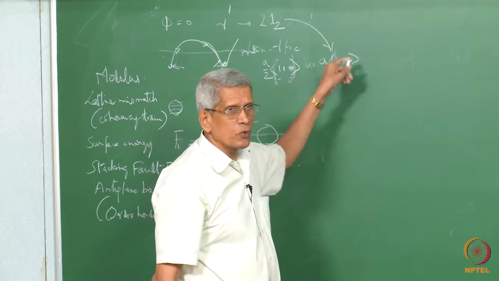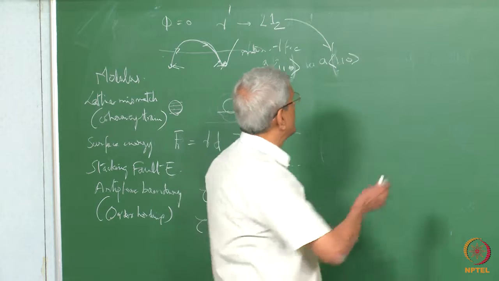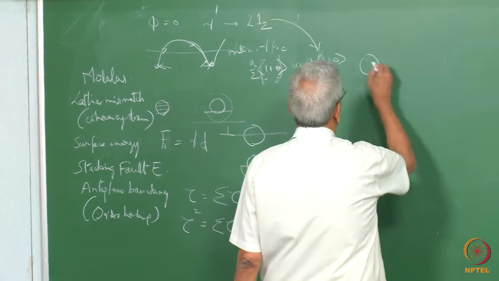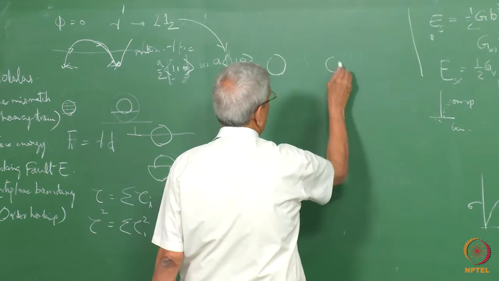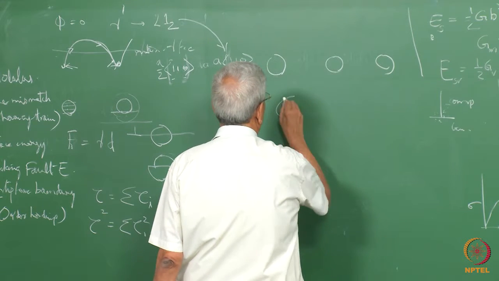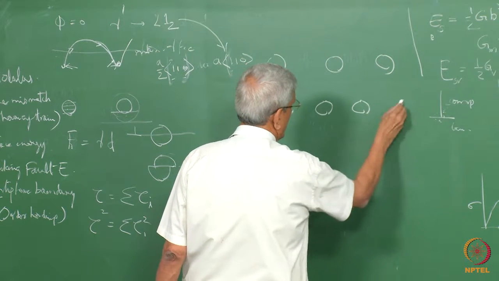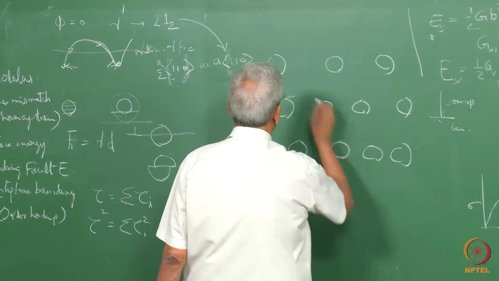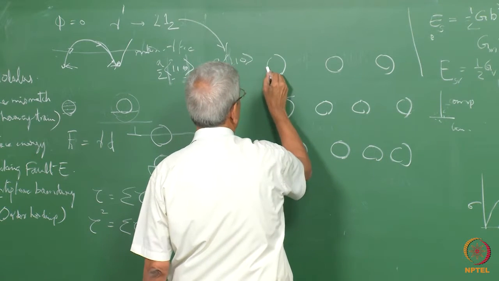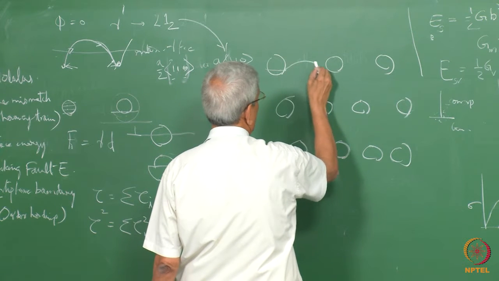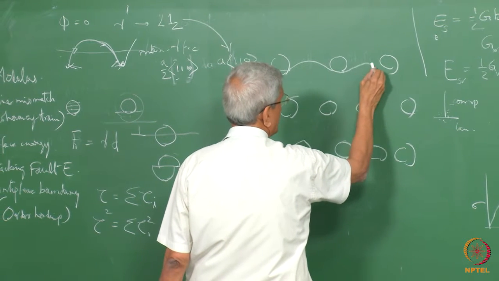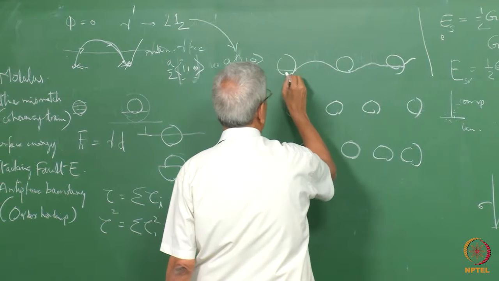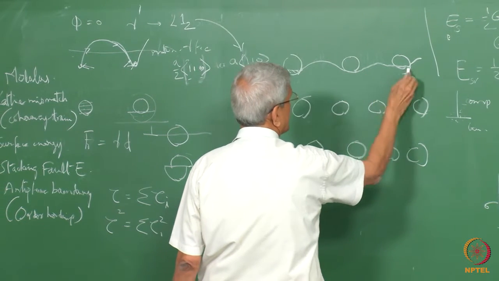If a superpartial is passing, that is nothing but a Burgers vector of a/2<110>. The first dislocation will come this way, because it has just entered.